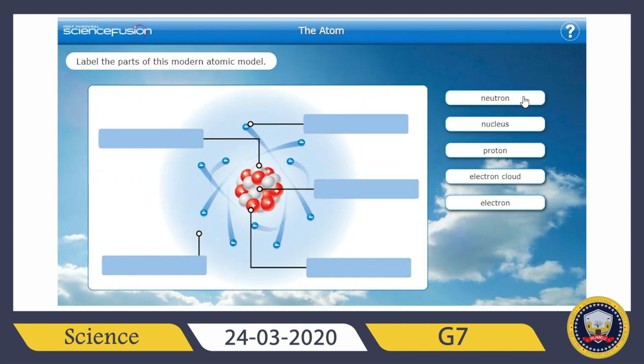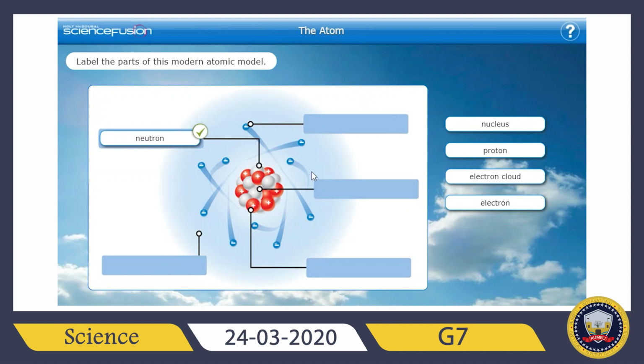We say that neutrons are found in the nucleus and they are neutral, they don't have any charge. That's why we should place them on these white particles, because they are the only ones that don't have any charge.